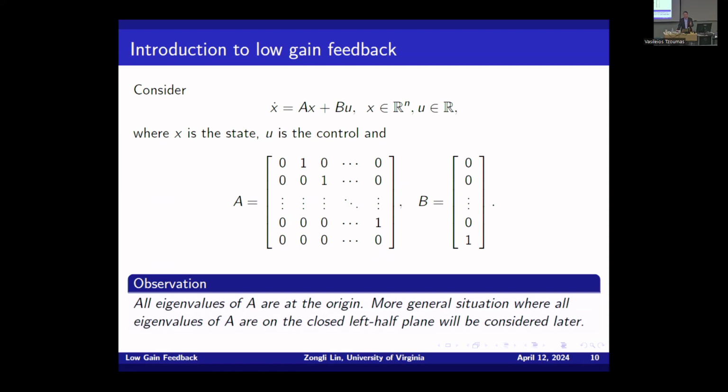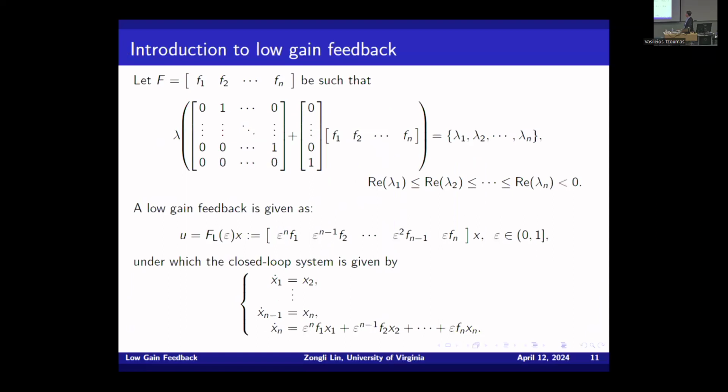And we know you cannot have positive real part poles, because then as gain goes to 0, the open loop will not be stable, right? So the worst thing you can have is open loop poles on the j omega axis. But here, for simplicity, I first assume that all the eigenvalues of the A matrix are at the origin.